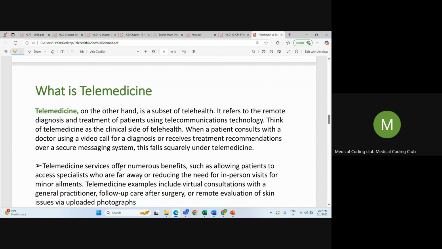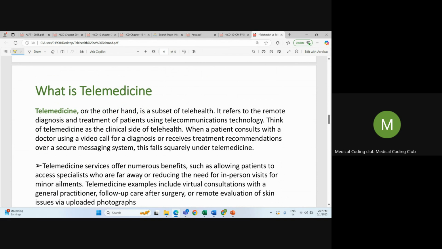But when I'm talking about telemedicine, it should be synchronous. It should happen in real time. That is the difference. Both parties should be available, and the doctor evaluating the patient must also document the diagnosis. Then you can consider it a telemedicine visit.